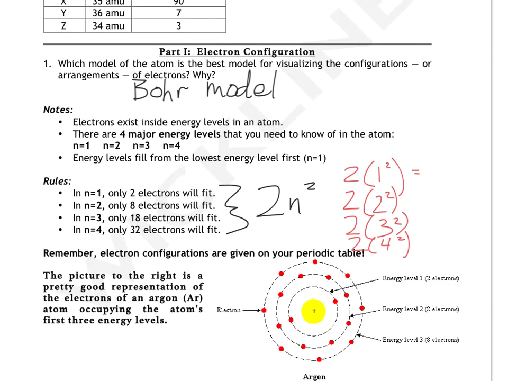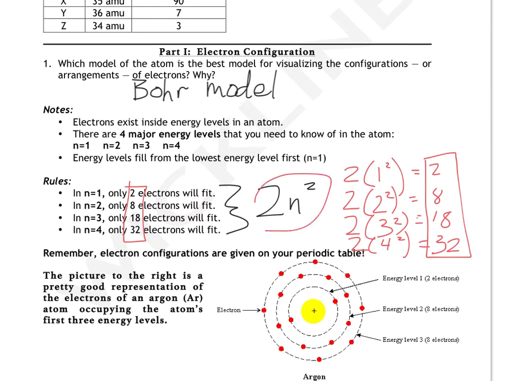So 1 squared is 1 times 2 is 2. 2 squared is 4 times 2 is 8. 3 squared is 9 times 2 is 18. Do you see what's happening? 4 squared is 16 times 2 is 32. And these are the maximum numbers of electrons that can fit into each orbit. So if you memorize this expression, you should be able to figure out quickly how many electrons fit into each orbit.